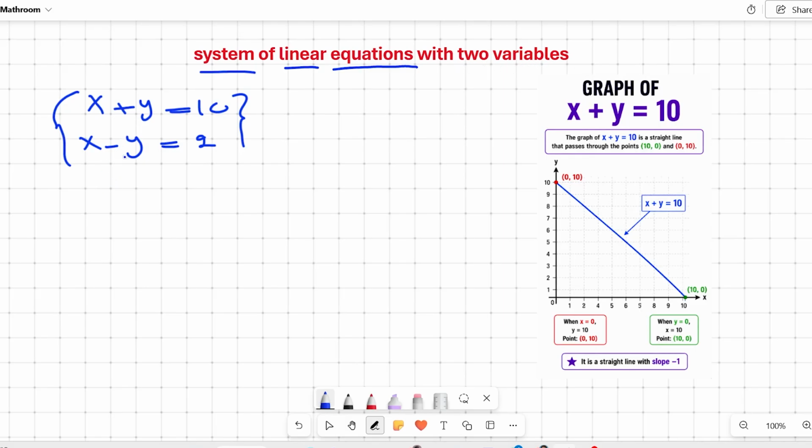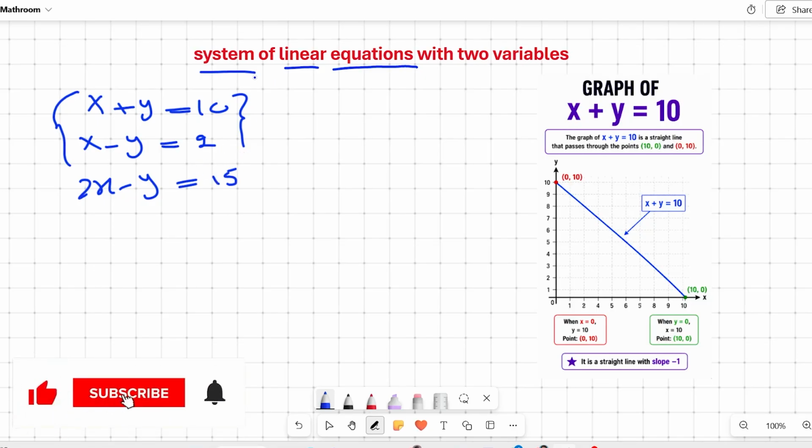We can have more than two equations, like 2x minus y is equal to 15. A system can have two, three, or four linear equations. When we solve a system of linear equations, our goal is to find the values for the variables that satisfy both equations at the same time.